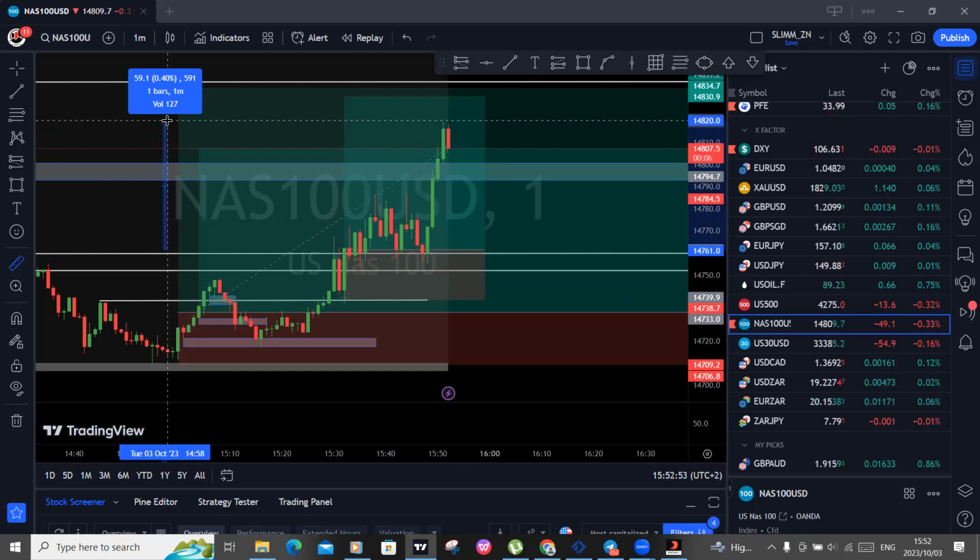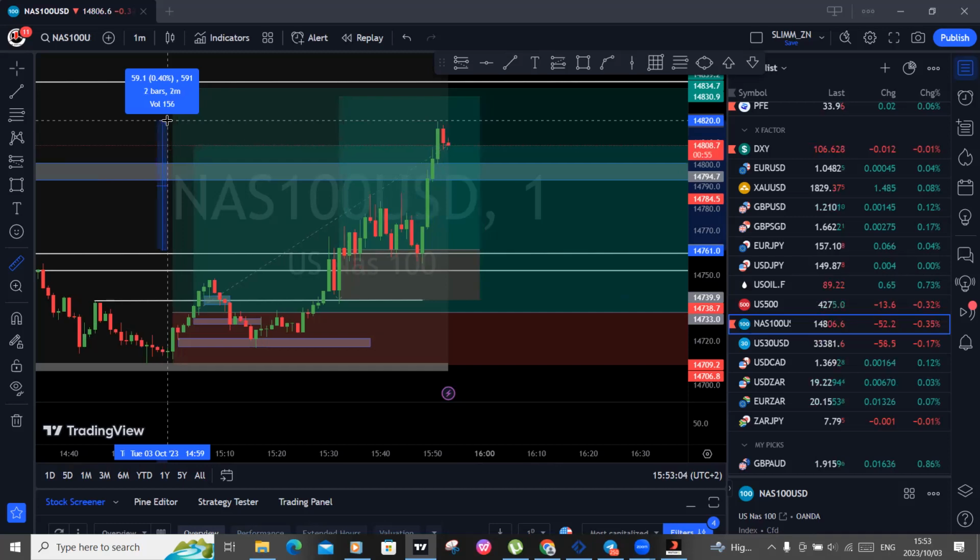Okay, let me just do this. Okay, it's only UG which is tripping. All the trades I took are all good, and I've actually reached my daily target, so I'm just closing those trades off.